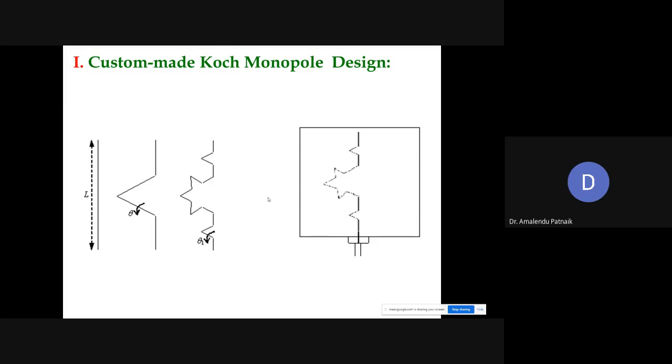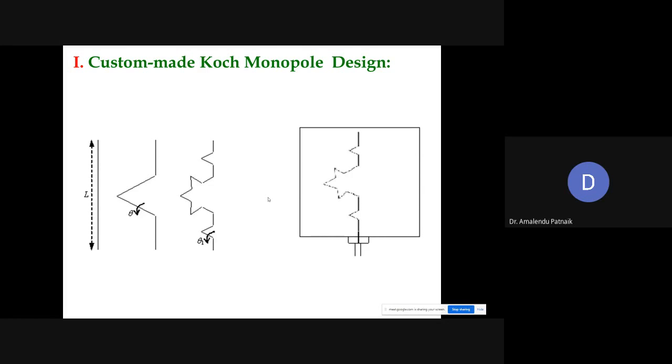But the demerit of those classical fractal antennas is that, first of all, the frequencies that you are getting from a classical fractal antenna are not user-defined frequencies, or not the required frequencies. We can't use all the frequencies at the same time, right?